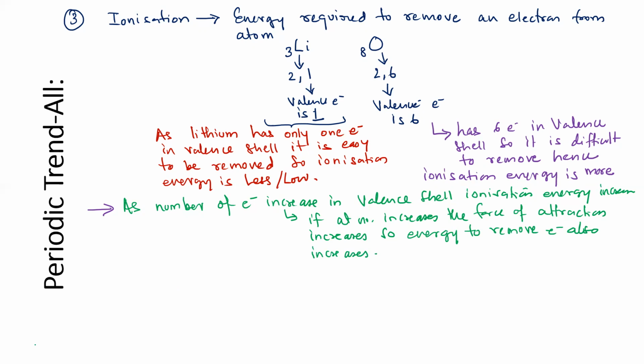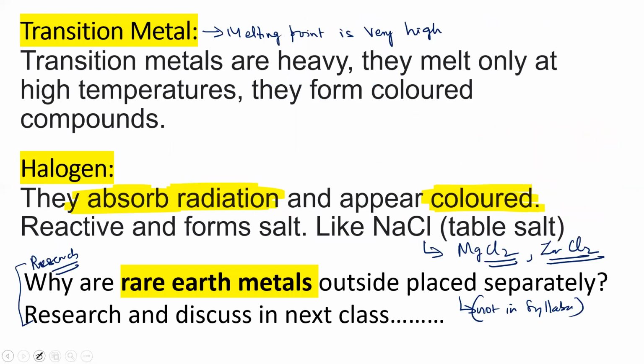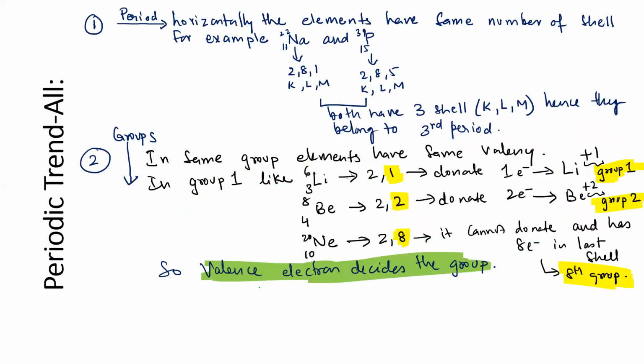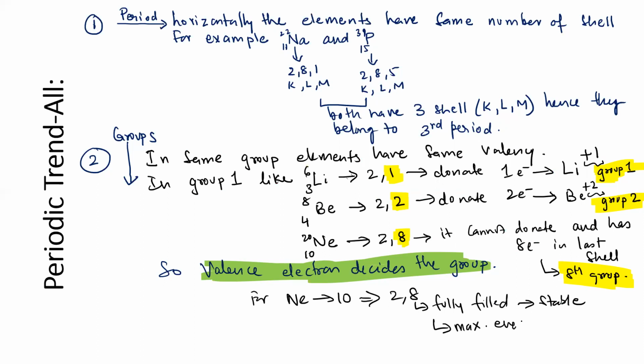For example, if you look at the noble gases, they are already fully filled. So for a noble gas like neon, which has 10 electrons, we write it as 2, 8. It's already fully filled and very stable, so maximum energy is required to remove an electron.